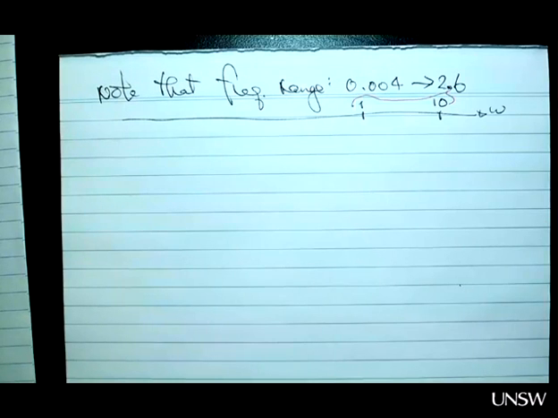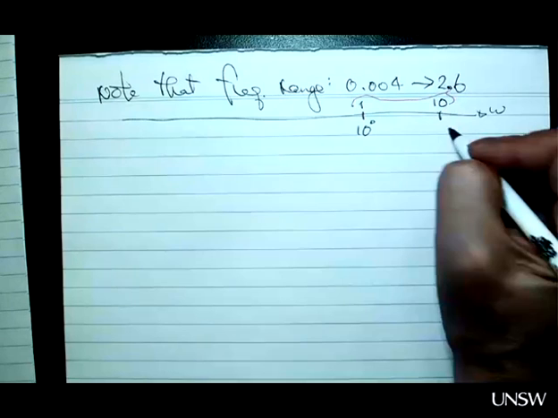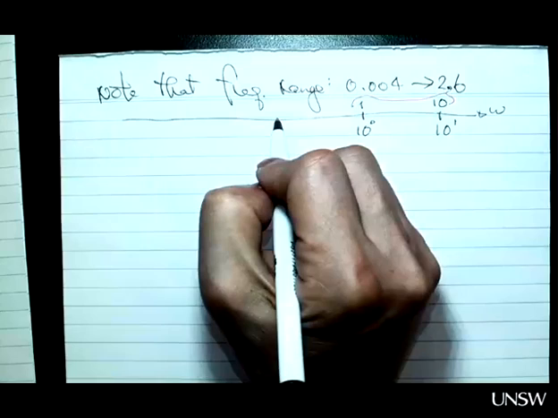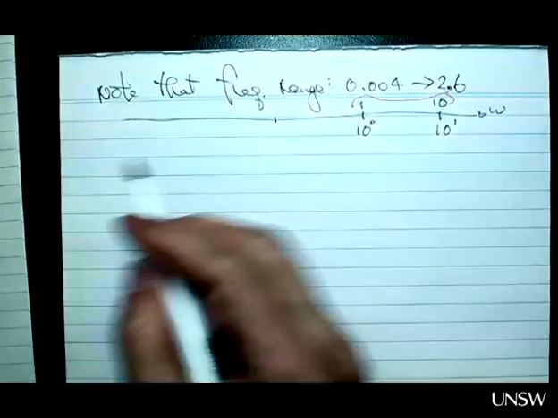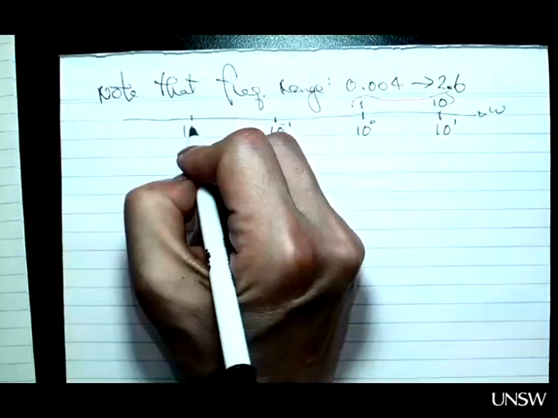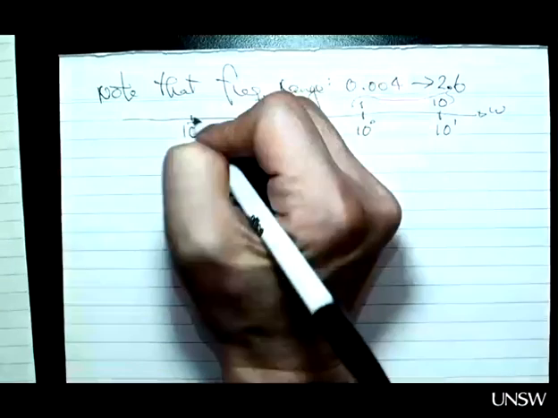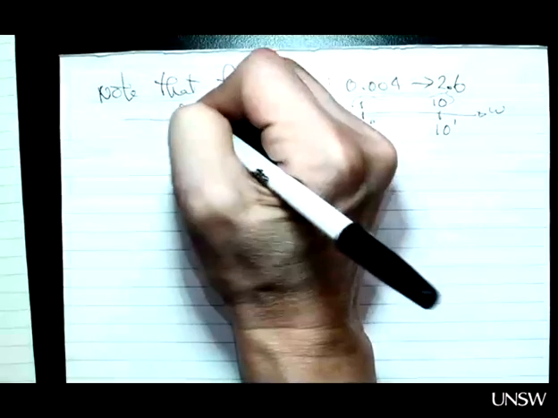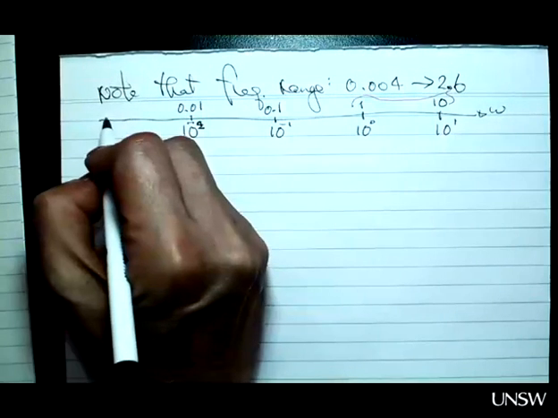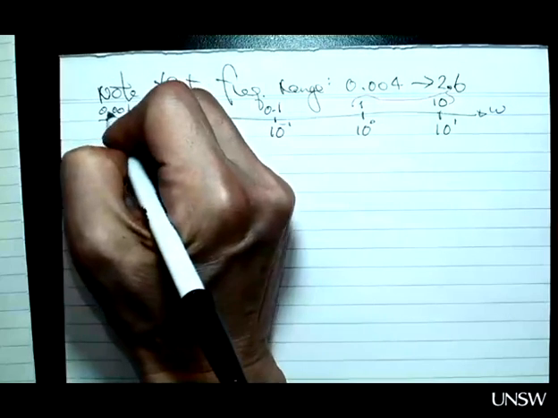In fact, 1 is 10 to the power 0. 10 is 10 to the power 1. And then we roughly use the same scale as 10 minus 1, and then it's 10 minus 4. So 0.1 is minus 2, 0.01. And then we still have another 10 minus 3, which is 0.001.